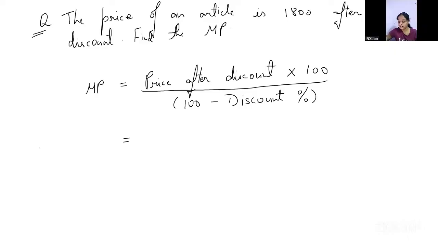Price after discount is 1800 multiplied by 100 divided by 100 minus discount, which is 10. Joshua, solve this and find out the answer.